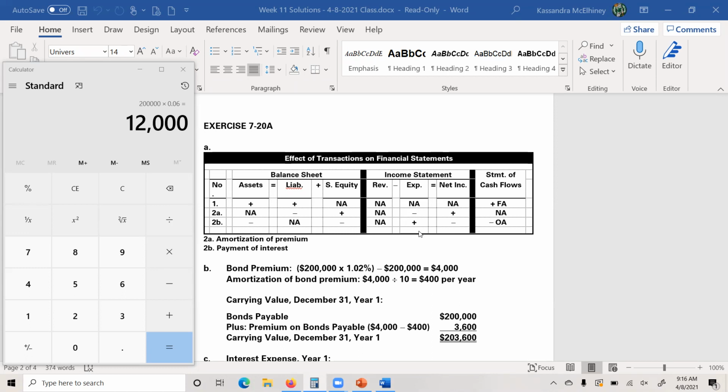However, the amortization of that bond premium will reduce our effective interest. Our premium, we started out with $4,000.